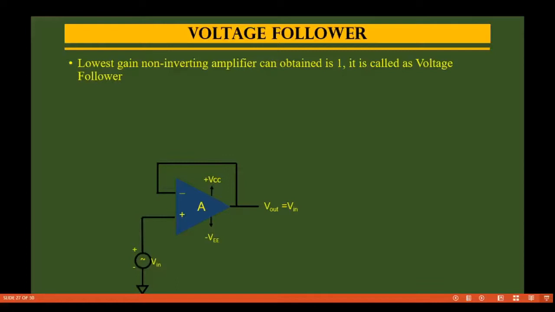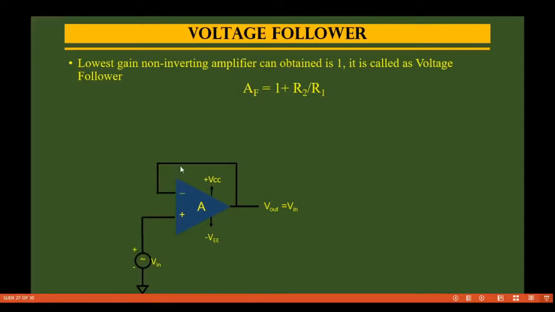A voltage follower is the lowest gain non-inverting amplifier that can be obtained, with a gain of 1. So it is called a voltage follower. The output voltage follows the input voltage, and this is the gain equation.